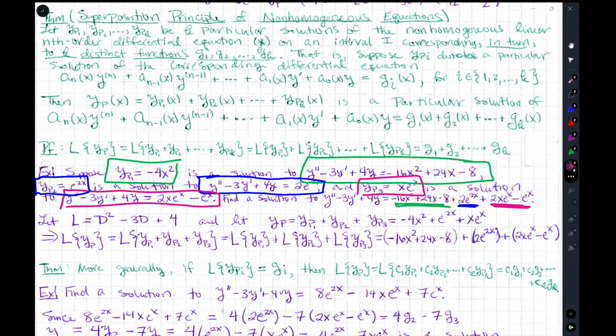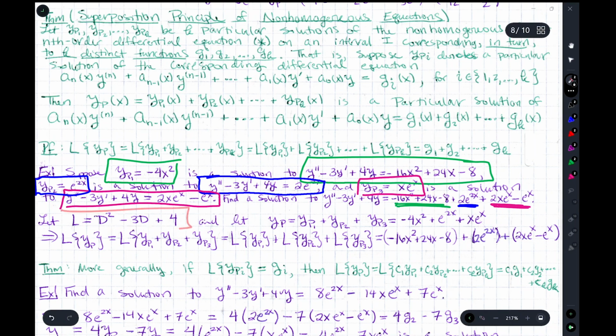And now we want to find a solution to this new non-homogeneous differential equation, where the right-hand side is the sum of the right-hand sides of all the other ones. So just to use the language of operators, let L be equal to D squared minus 3D plus 4, which is the second derivative, minus 3 times the first derivative, plus 4. And let y_p be the sum of y_p1, y_p2, and y_p3.